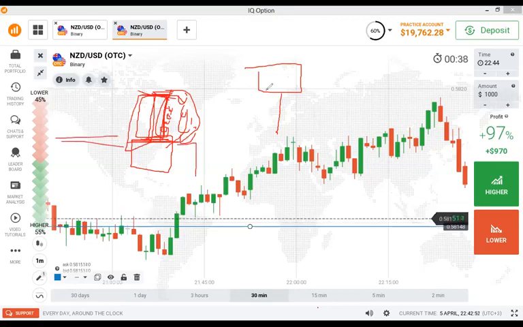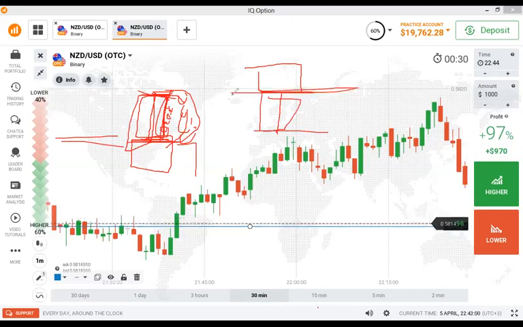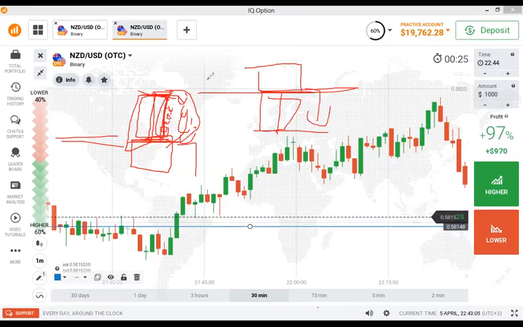Same thing here, same situation here. Buyers here, the candle closes here. If there are no buyers on the left side here, you place a put. If there is a buyers area where this candle closes, you place a call.